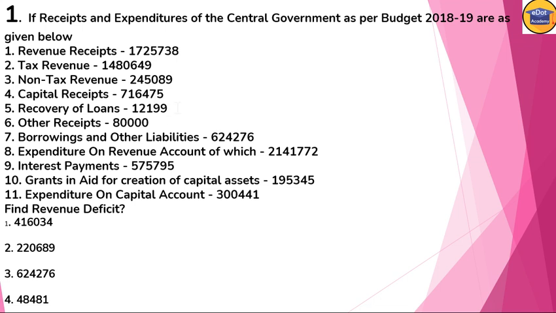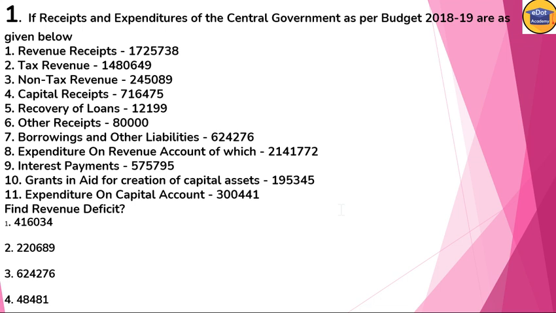Recovery of loan is also there, other receipts are also there, and borrowings and other liabilities also come on the receipt side. Then on the expenditure side, expenditure on revenue account is given, interest payment is given, grant in aid for creation of capital asset is also given, and expenditure on capital account is also given. So the first question is, find the revenue deficit.